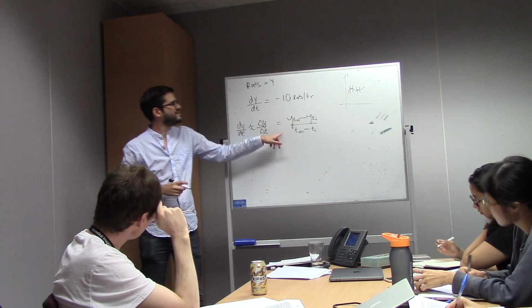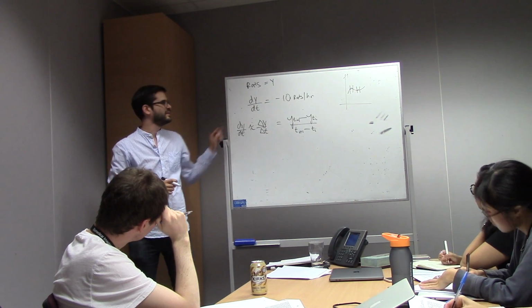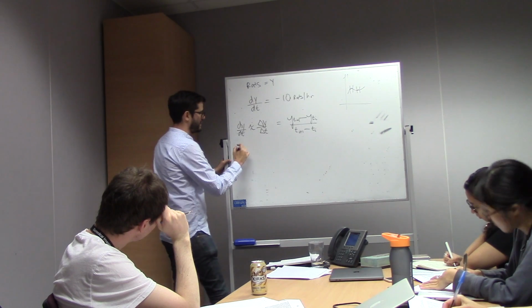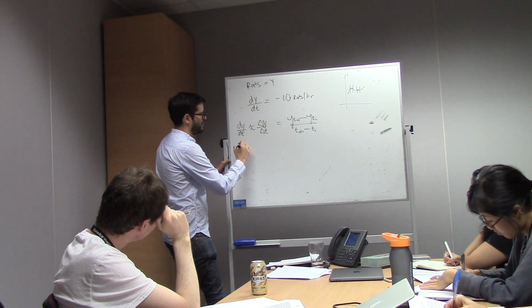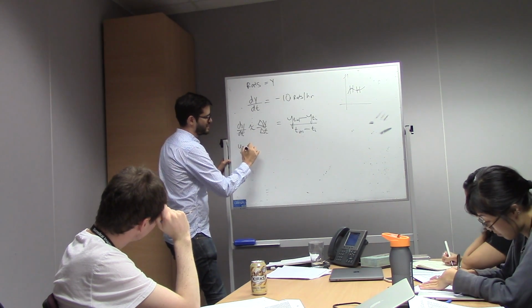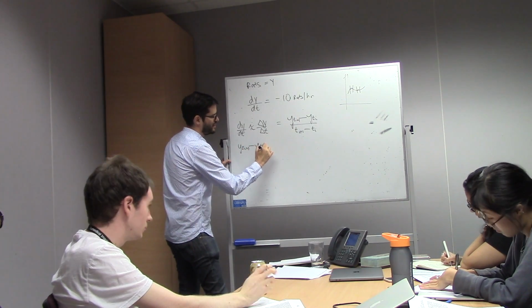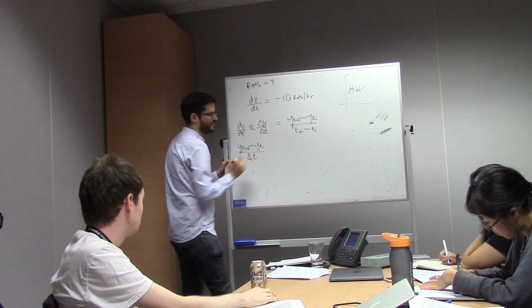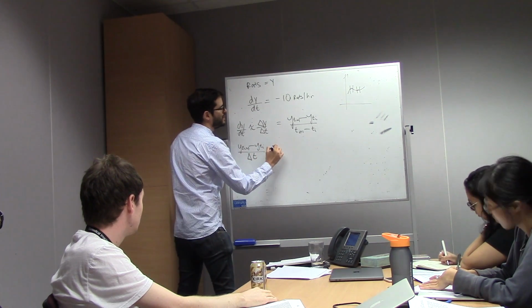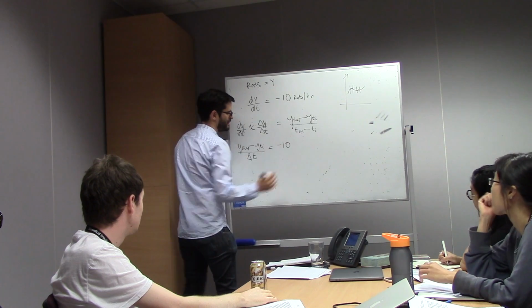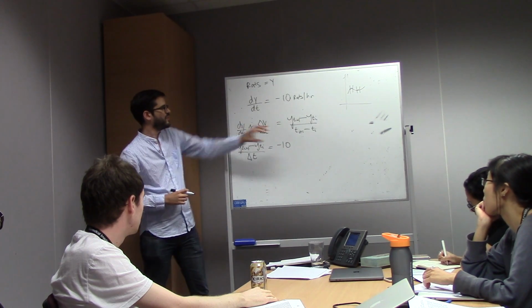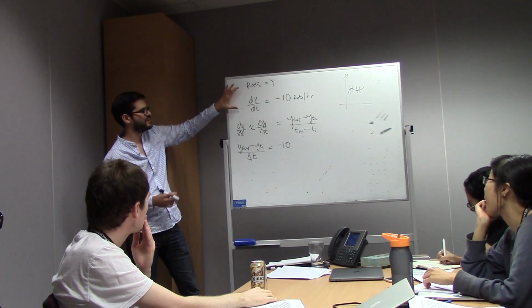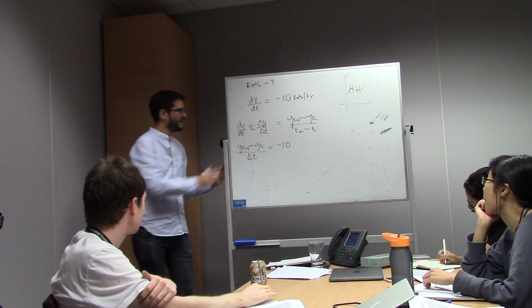Now let's apply this approximation to the equation. If y of t_{i+1} minus y of t_i, let's keep this fixed here, equals minus 10, I've just put this into the equation. Is that okay?